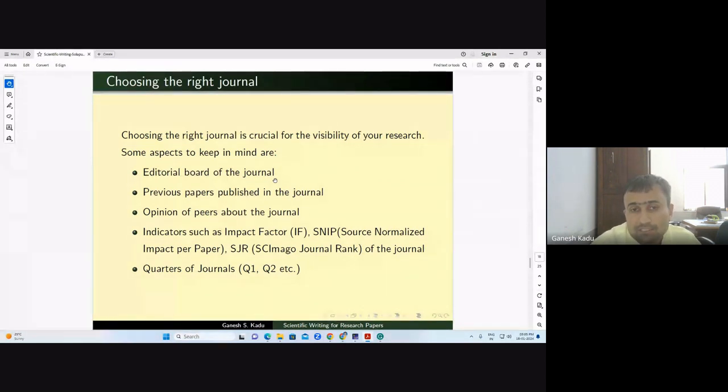There are also papers that the editor sends back to the researcher. This decision is often taken by one or two editors, and so it is important. So a good journal will always have a good editorial board.